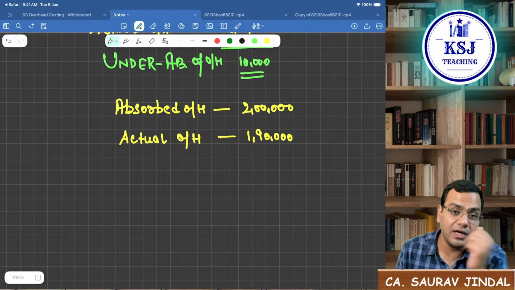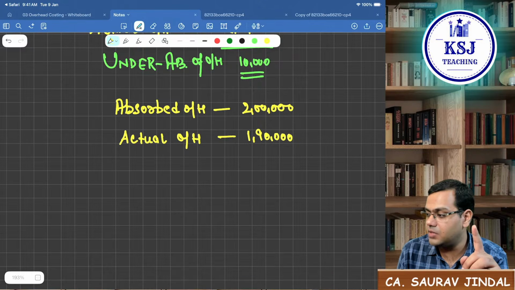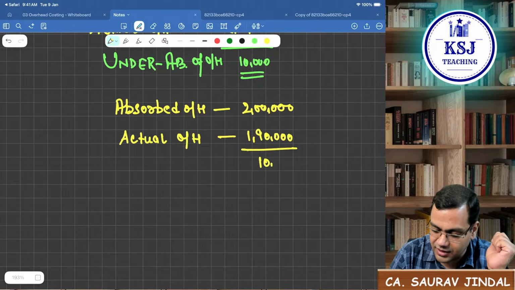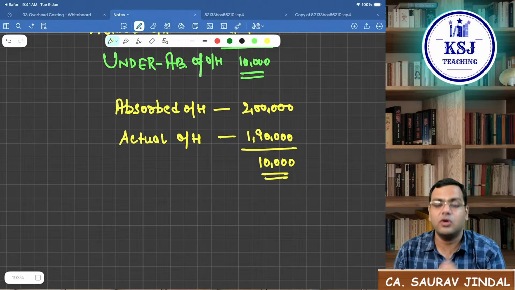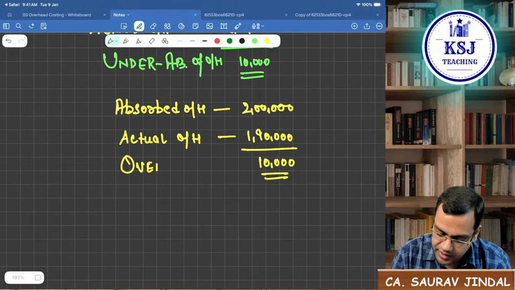So what you are recovering from the customer is 2 lakh. What you should actually be recovering from your customer is 1,90,000, right? So this 10,000 that you are over-recovering from your customer is called over absorption of overheads.